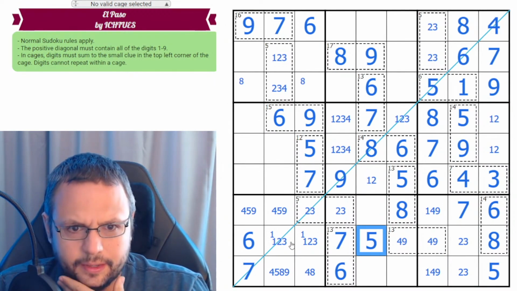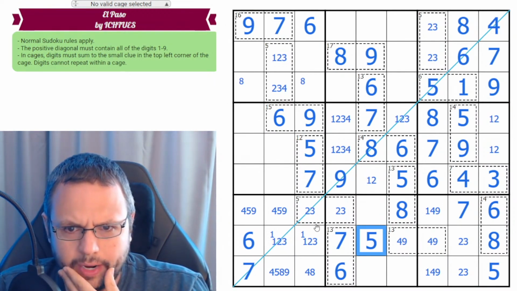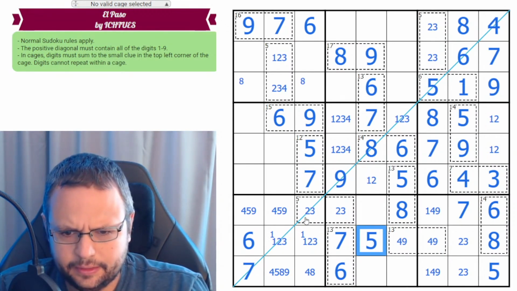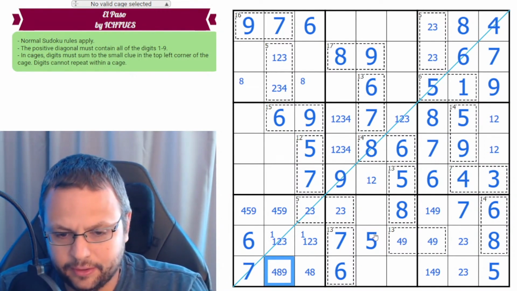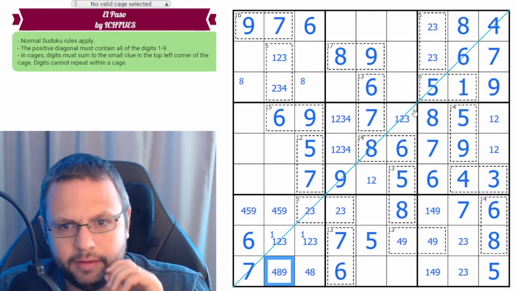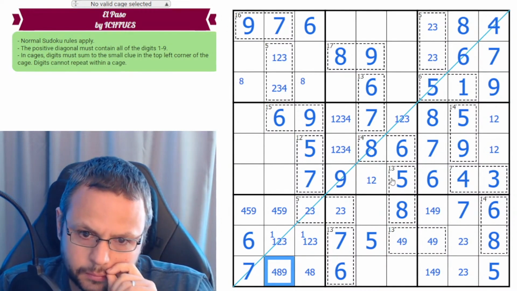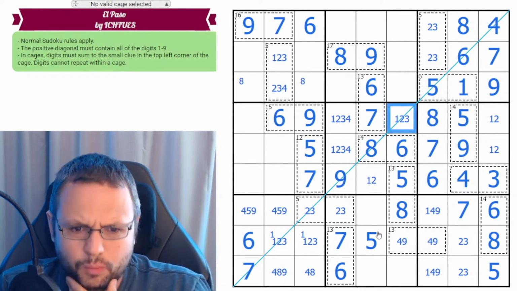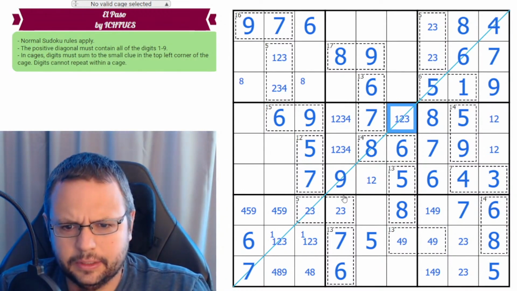Let's see. 4 or 8. Let's see. This 5 looks over and says that's not a 5 either. While we're playing the game, things that aren't 5. Let's see. Need a 1 on the diagonal, but I don't know where it goes just yet.